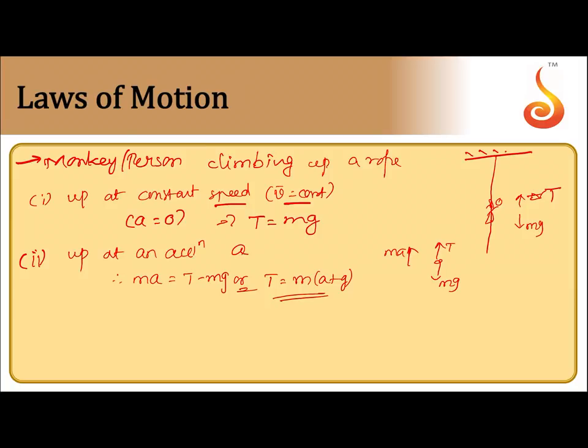So the tension in the string becomes more. If the monkey starts climbing up the string, the tension in the string becomes more and more. If it climbs up with greater acceleration, the tension also becomes greater. And if the tension exceeds what the string can withstand, that is its breaking point, the string will snap.